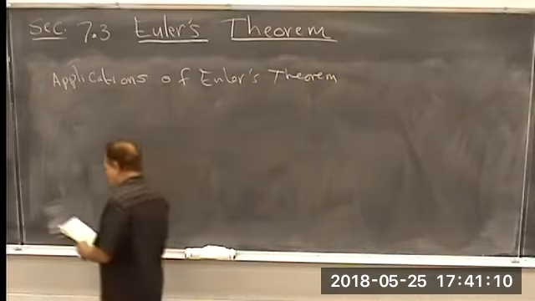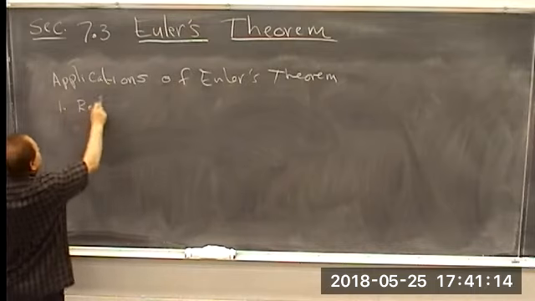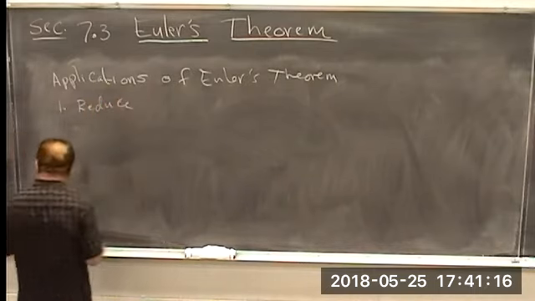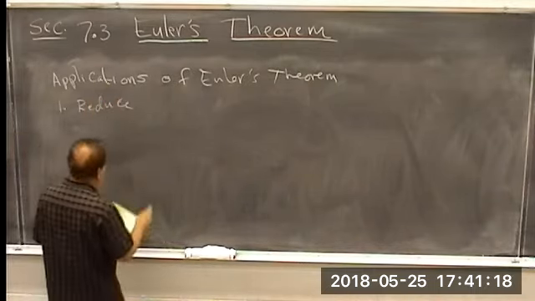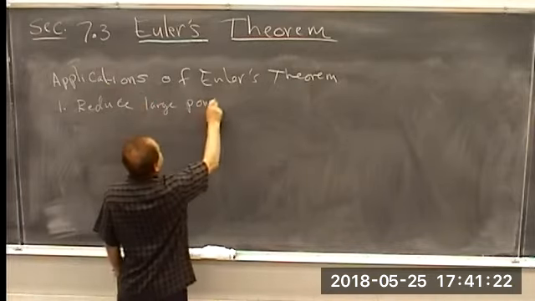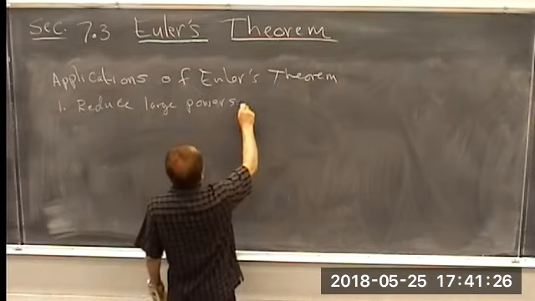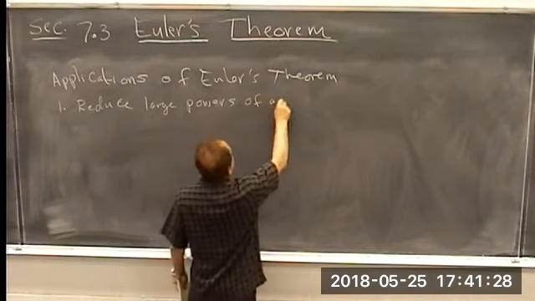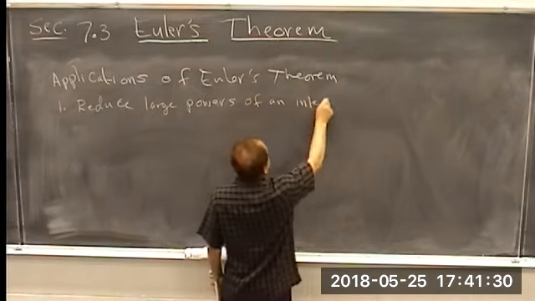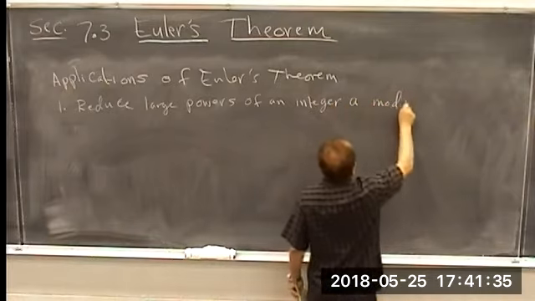So here's the first one. One, reduce large powers of an integer a mod n.